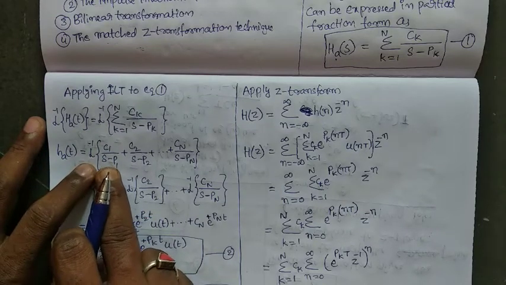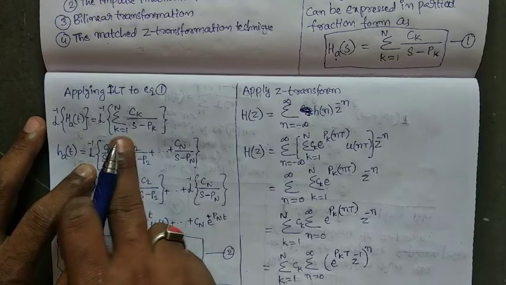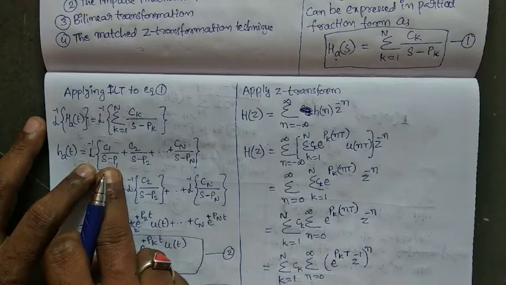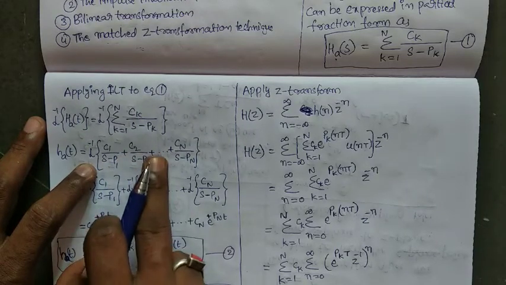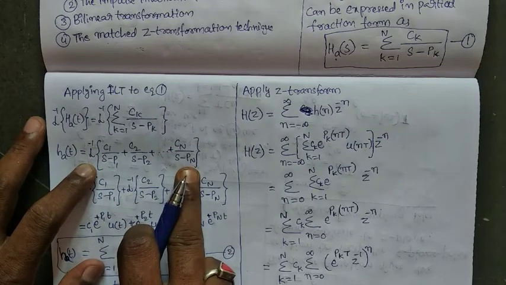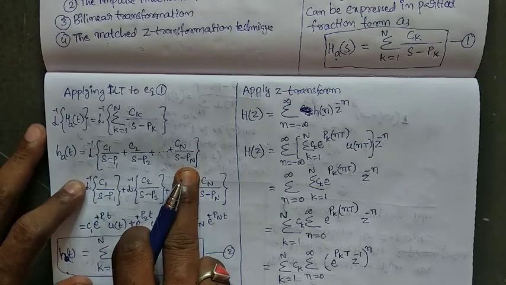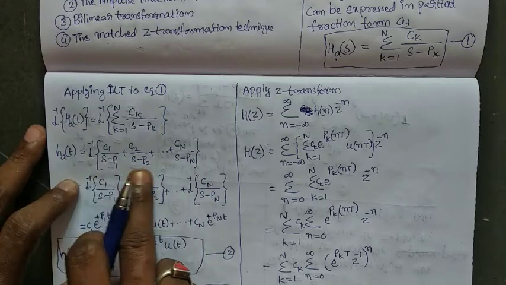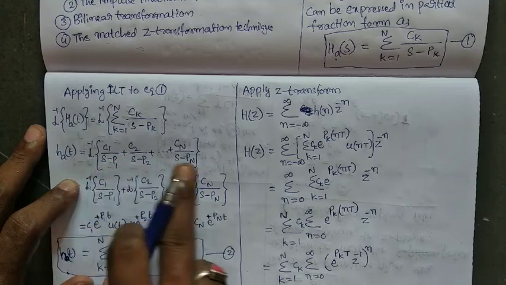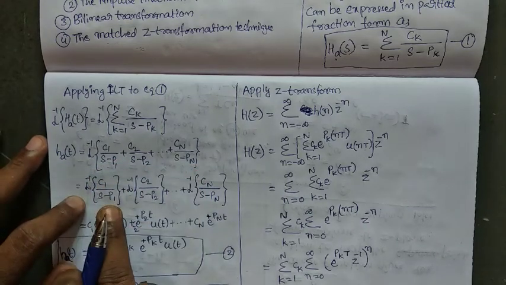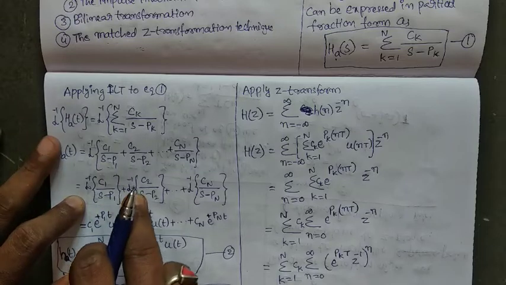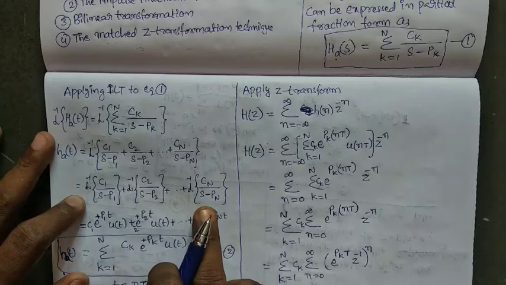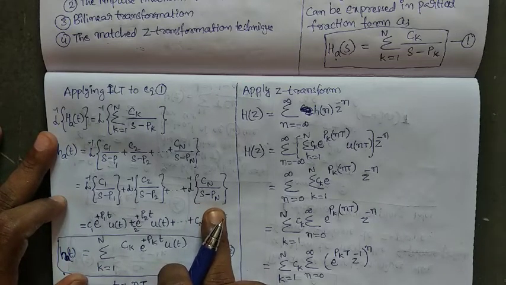Expanding the right side, we get c1 by s minus p1 plus c2 by s minus p2 and so on, plus cN by s minus pN. We apply the inverse Laplace transform to each of these functions: the inverse Laplace transform of c1 by s minus p1, plus that of c2 by s minus p2, and so on, up to cN by s minus pN.